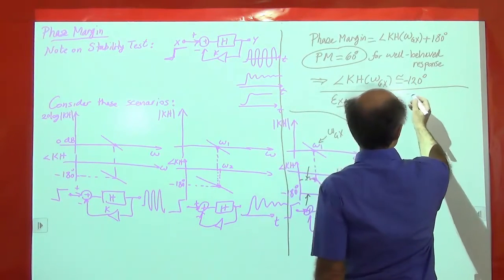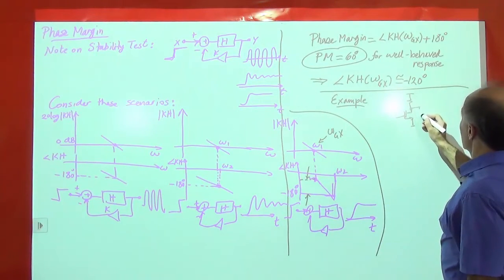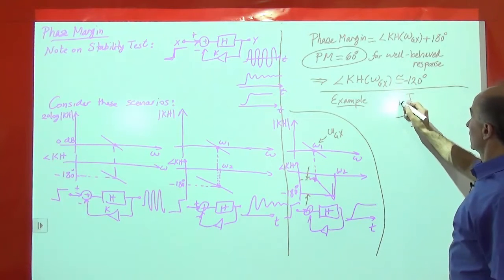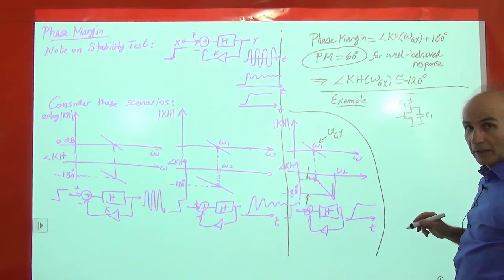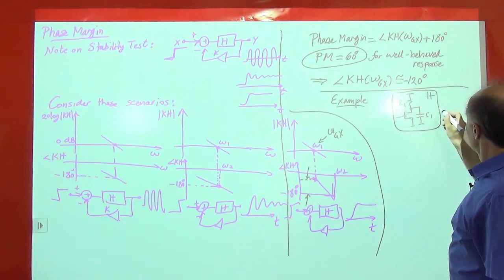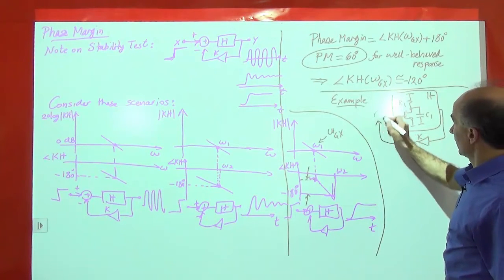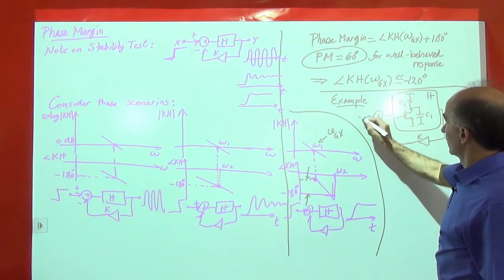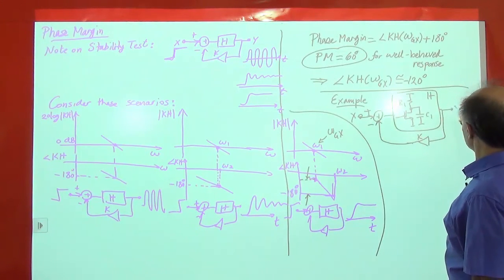So here's a little common source amplifier with a single load capacitor, R1 and C1. And I placed this in a negative feedback loop. So here's H, this goes through some K, and then comes back here. And now we're interested in the stability of this overall system, right?